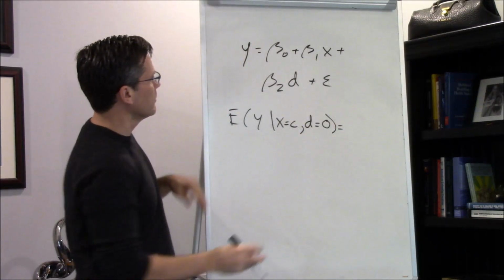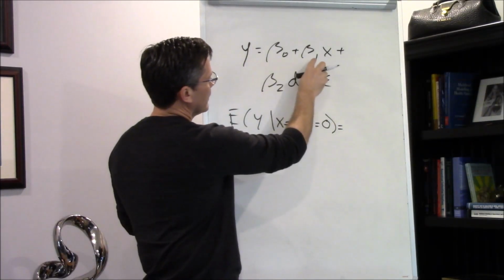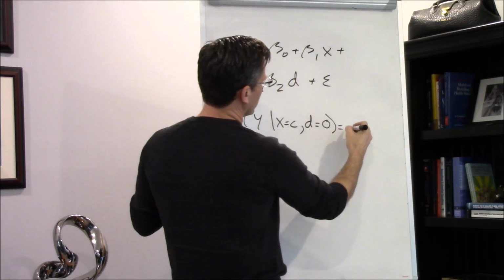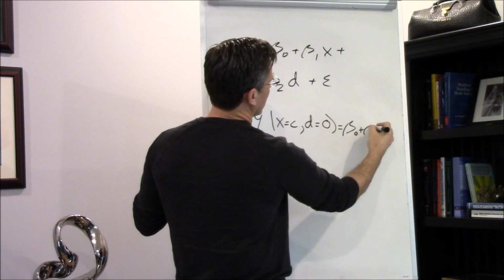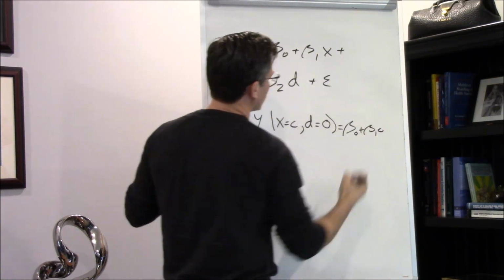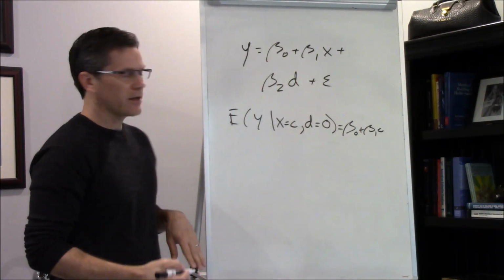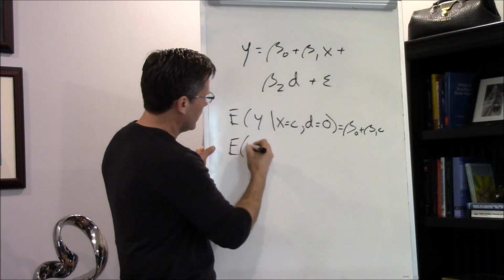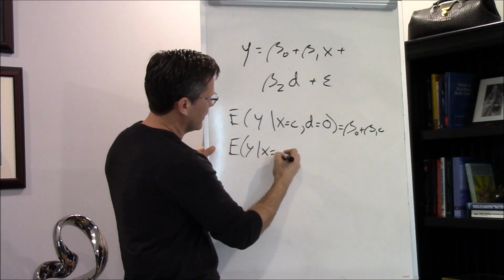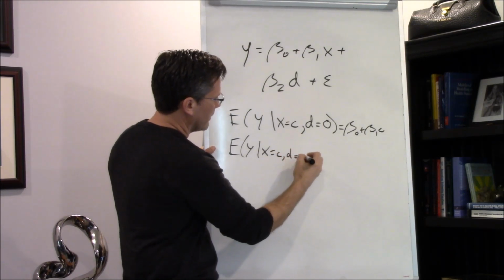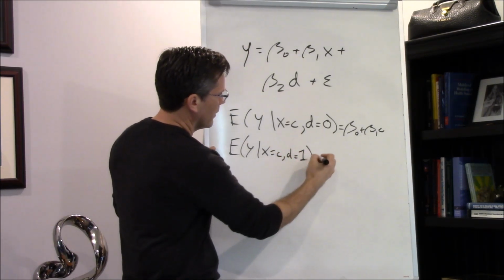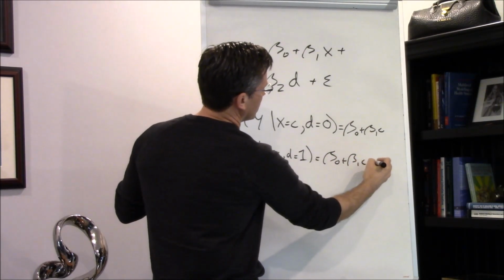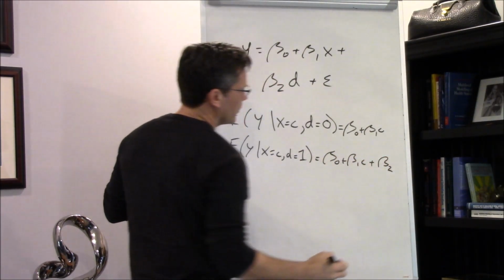What's that going to be? Well, we've got beta naught plus beta 1 c, and then no beta 2, right? So beta naught plus beta 1 times c. That's going to be our expected value for the reference group. And then for our contrast group, again we'll set it at that constant value. We're going to have beta naught plus beta 1 c plus beta 2, right?